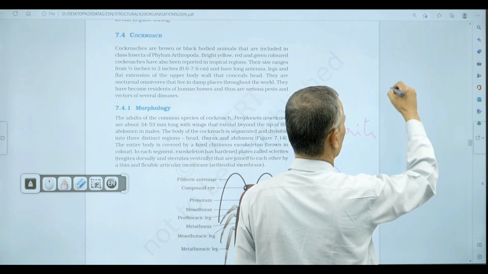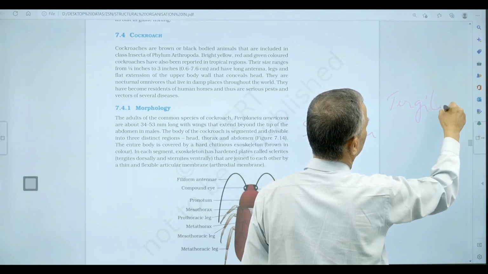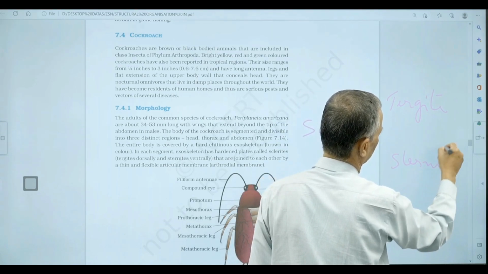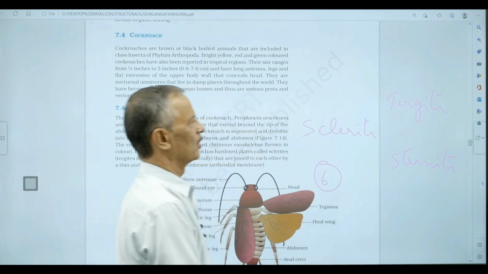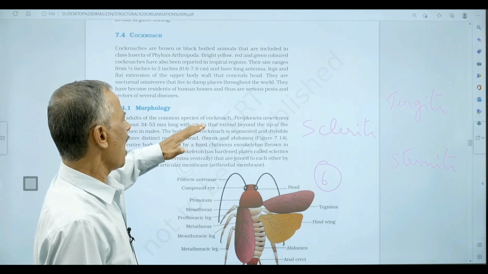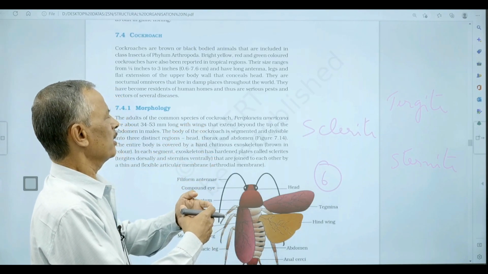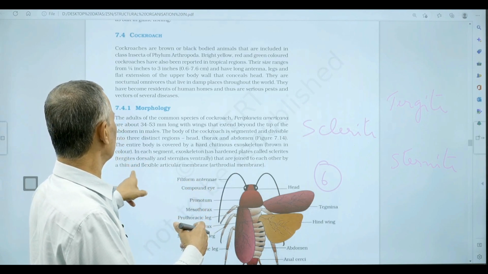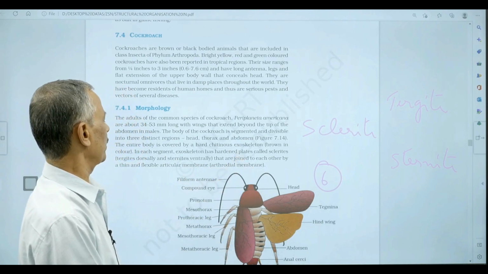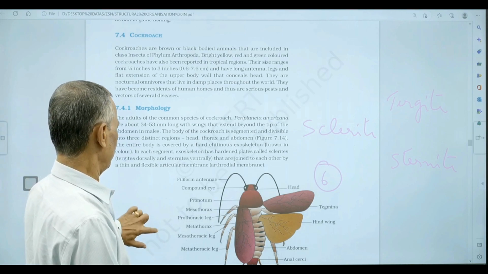The sclerites on the dorsal side are called tergites, and those on the ventral side are called sternites. The tergites of the dorsal side and sternites on the ventral side are joined to each other by a thin and flexible membrane called arthrodial membrane.